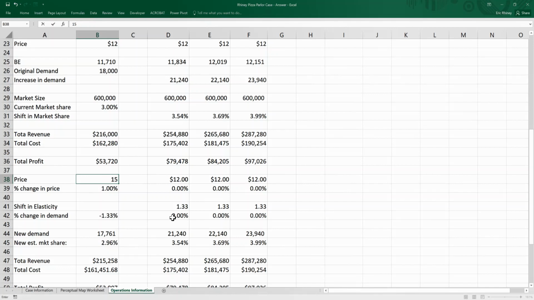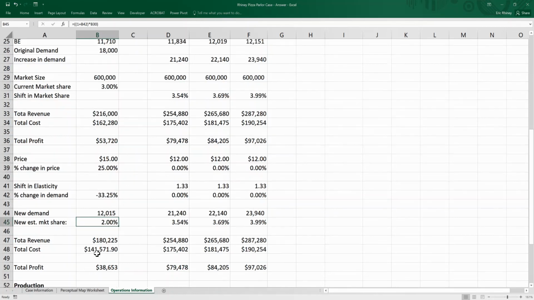All right, if we go to $15, we can see that that's a 25% increase in price. Look what happens to our demand. Our demand really goes down, and now we're only going to make 12,000 pizzas, only 2% of the market share.